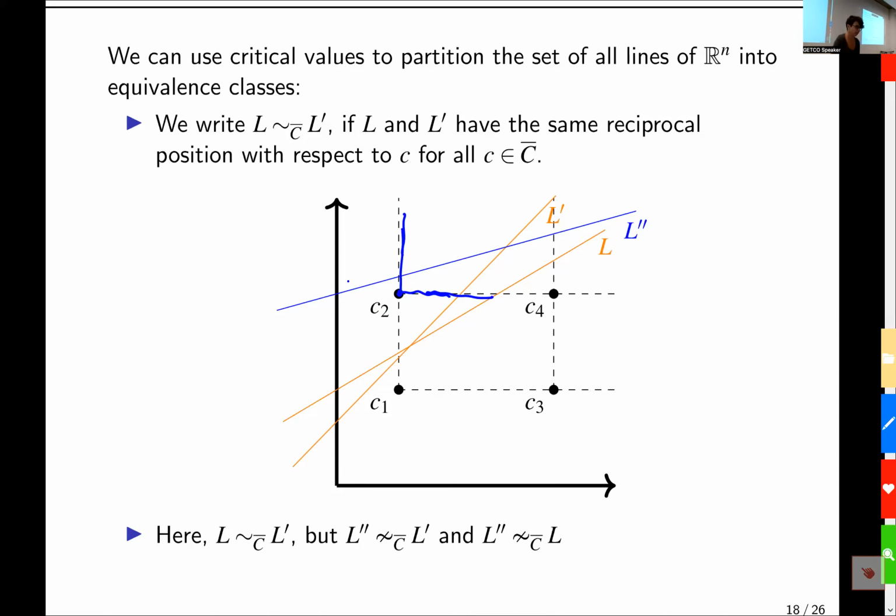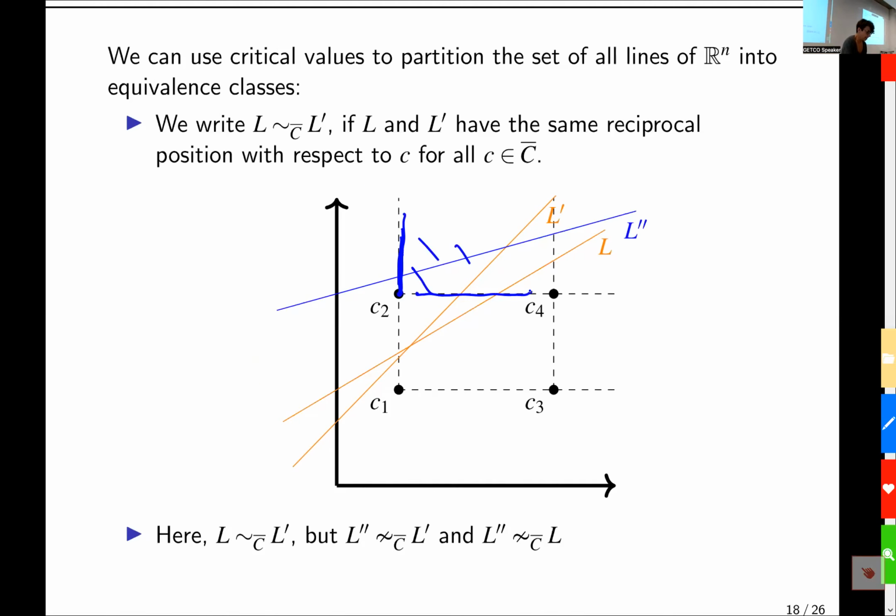So for example, for C2, line L second hits it on this face, and lines L and L prime hit the positive cone on this face, and so L second is not equivalent to L and L prime. So this is a notion that can be carried on for any number of parameters.